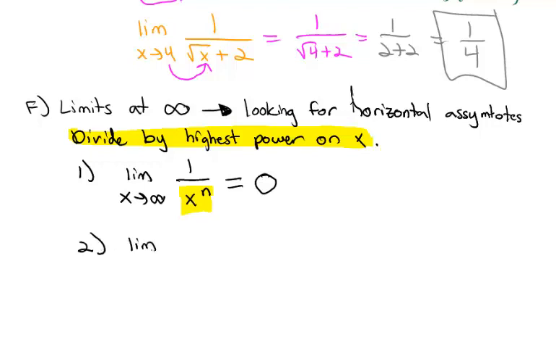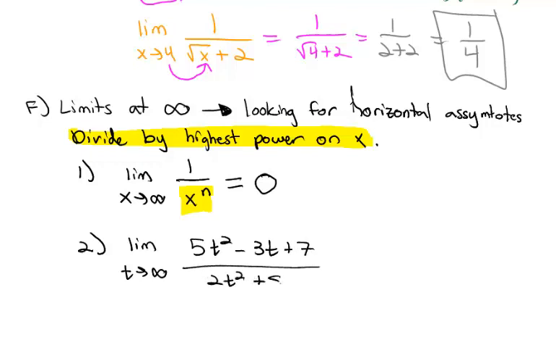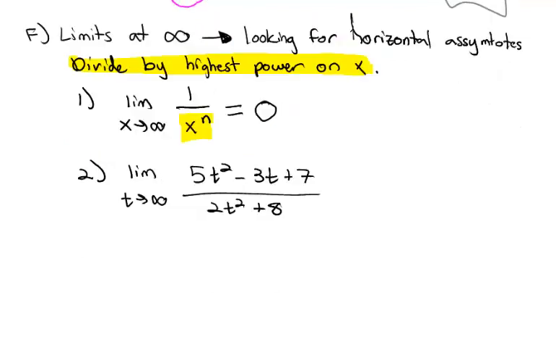So let's find the limit as t goes to infinity of 5t squared minus 3t plus 7 over 2t squared plus 8. Notice we cannot find this limit by just the plug it in method, because we can't plug infinity in for the t. Infinity does not work as a number to evaluate in a function.